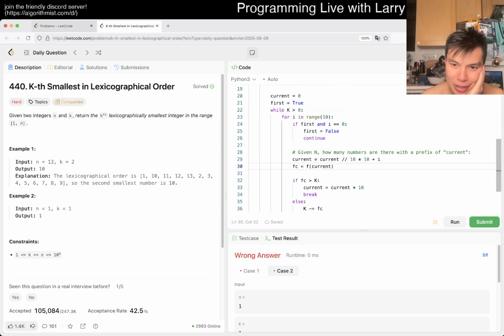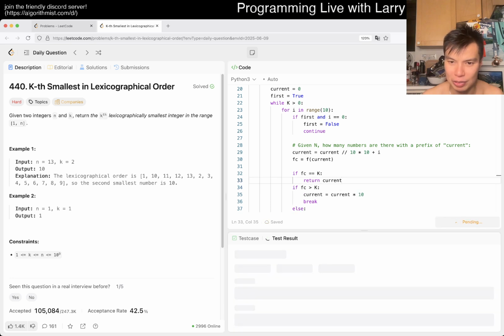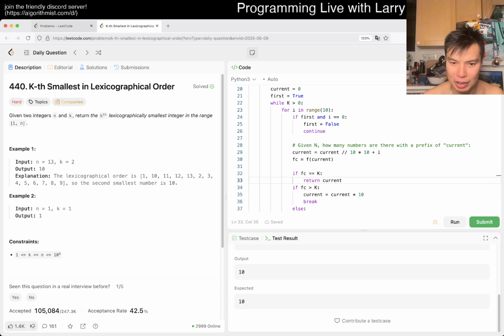Yeah, okay. Just for laziness, if fc is equal to k, then we return current, maybe. I don't know if that's quite true, but I got this one right somehow. Okay, one is always going to be tricky.